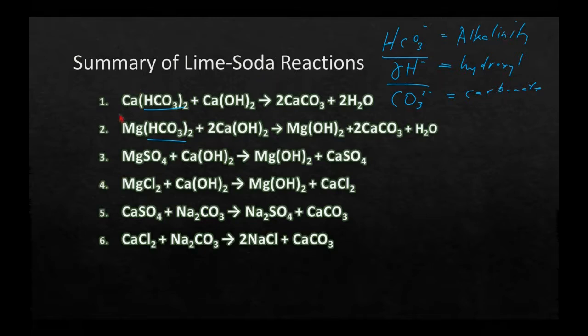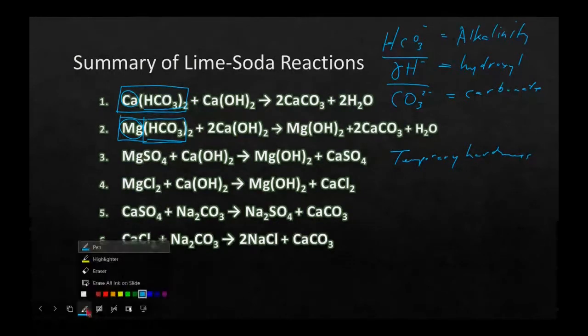So we know the calcium bicarbonate is not only hardness because it's got the calcium, but it's also alkaline because it's got the bicarbonate. And similarly, magnesium has the bicarbonate, so it's alkaline. And it also has the magnesium, which is hardness. So this stuff here is both hard and it's alkaline. And because it has the HCO3, we call this temporary hardness because it does not persist over 100 degrees Celsius. So it's temporary hardness.